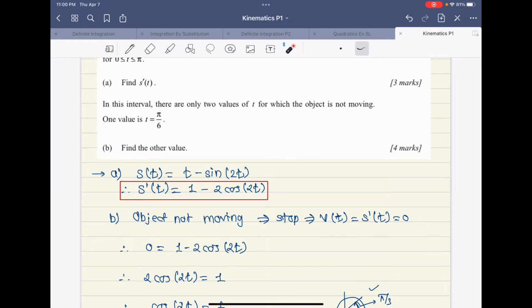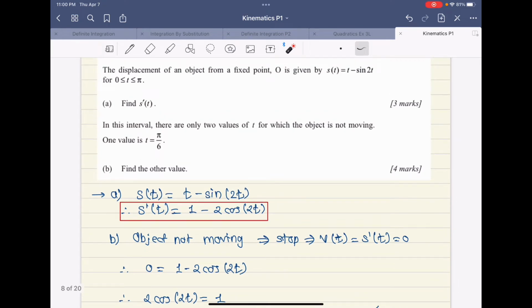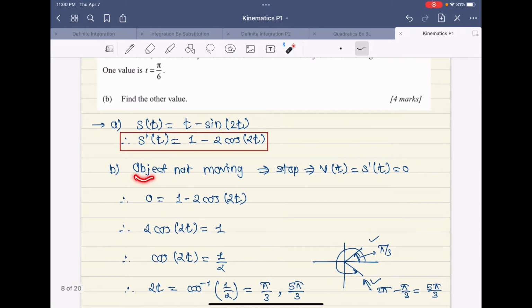In this interval, that means between 0 and pi, there are only two values of t for which the object is not moving. One value is t is equal to pi by 6, find the other value. Let's pick up the important words: object is not moving.